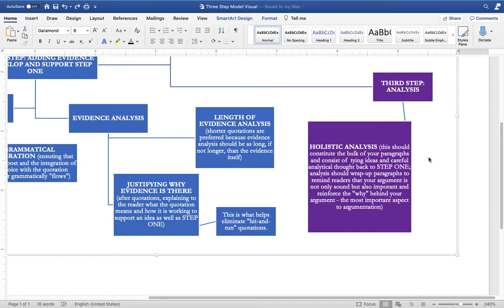So analysis should wrap up paragraphs and remind readers that your argument is not only sound but also important, and reinforce the why behind your argument. And that why is the most important aspect to argumentation.